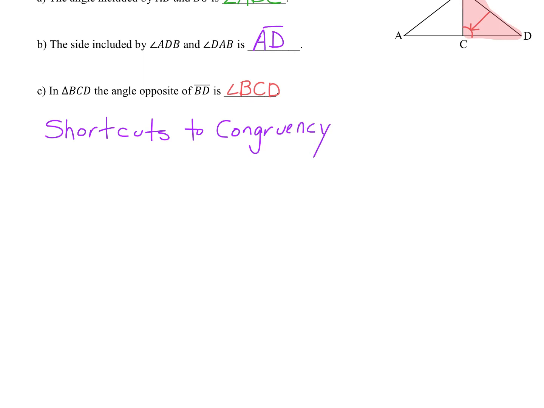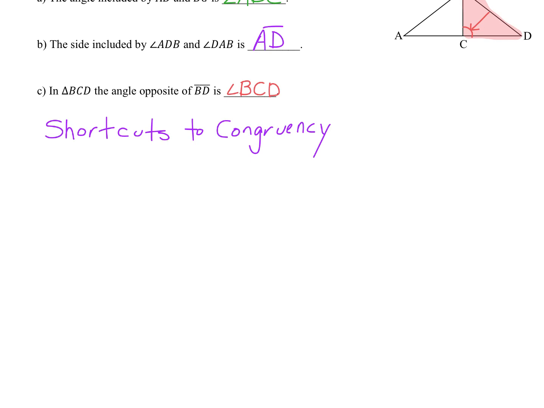Why I'm calling them shortcuts is that these are some of the bare minimum of what you need to see in order for triangles to be congruent. Just to review, for triangles to be congruent, the sides all have to be congruent and the angles all have to be congruent.